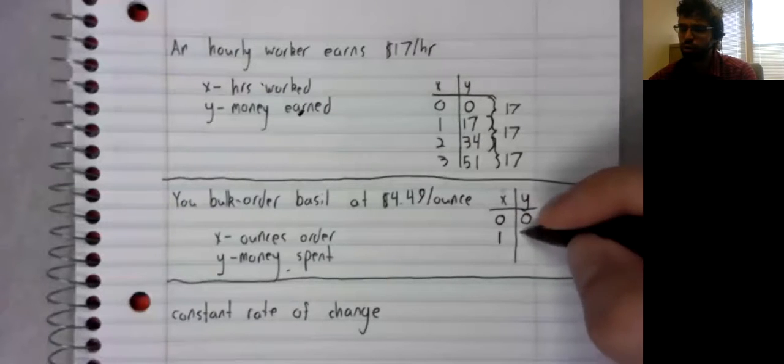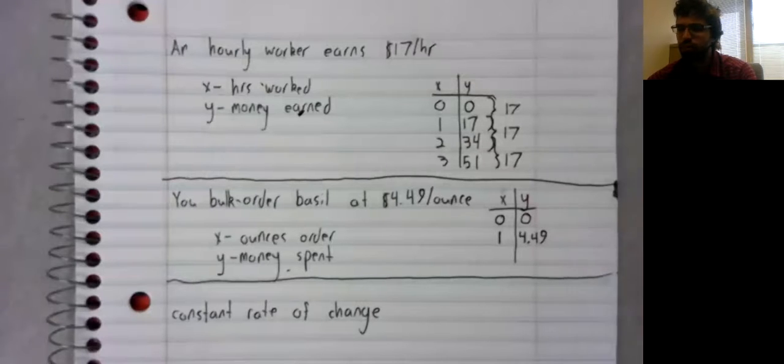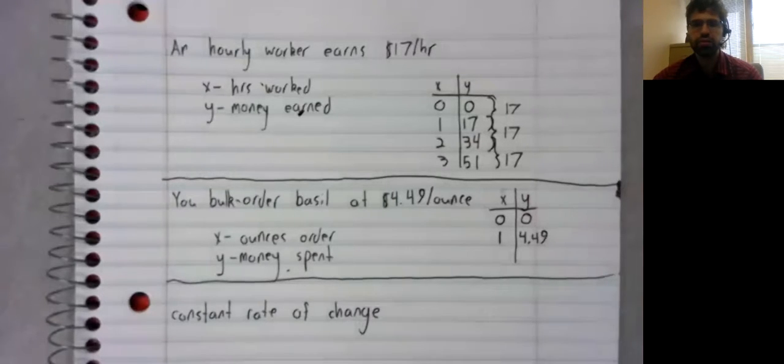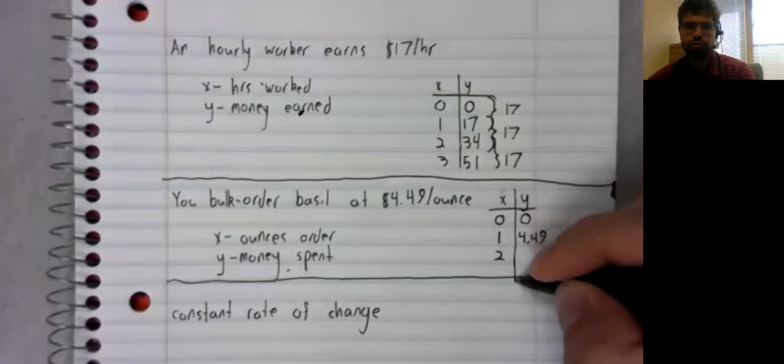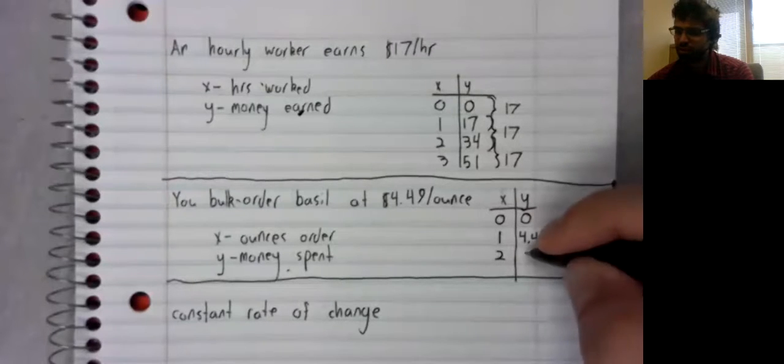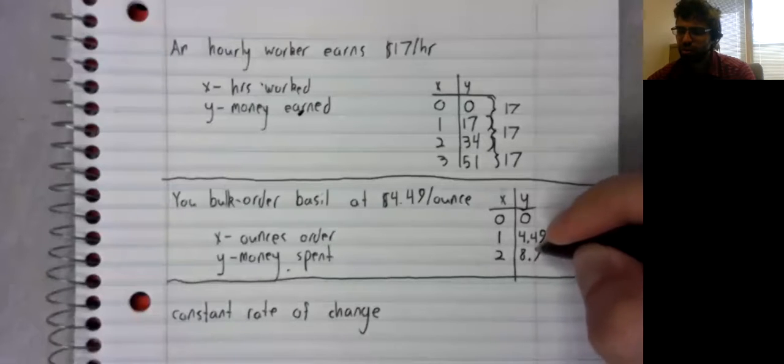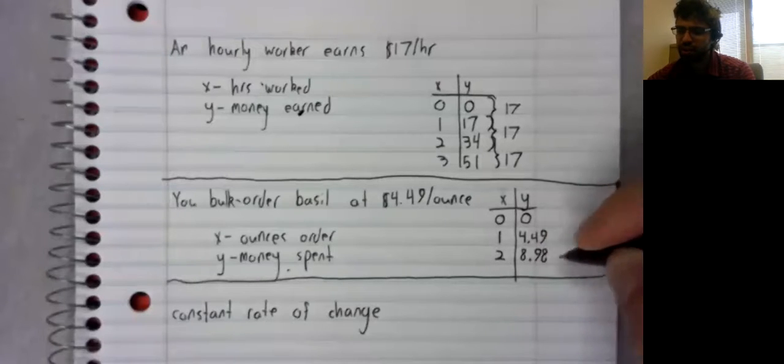If you order 1 ounce, you spend $4.49 on it. If you order 2 ounces, that's $8.98.